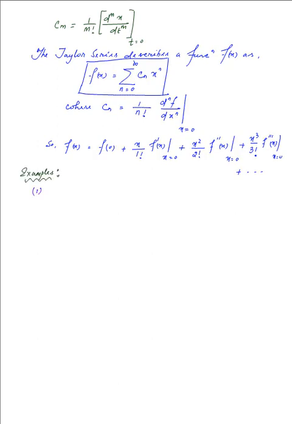In the first example, we set the value of f(x), a given function, as the sine of x. In order to expand that, we'll be taking the same case, that is f of 0, which is in this case going to be sine 0. So sine 0, we'll be putting those values later, plus x over 1 factorial. Now the first derivative of sine is going to be cosine.